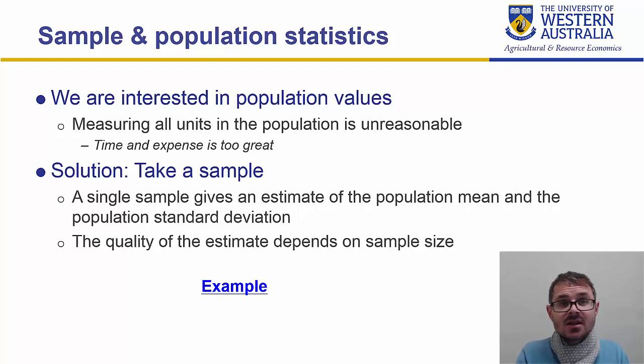We never have the time or the money to take all the measurements from the entire population, so we take a sample. And from that sample, we can then use that sample information to make a guess about the population mean and the population standard deviation. And so we're going to have a look at how that works in practice now.